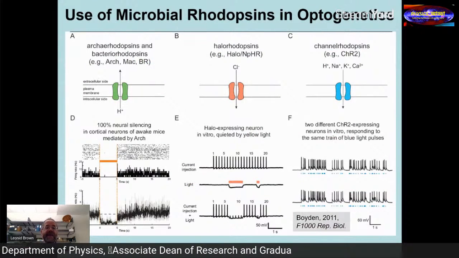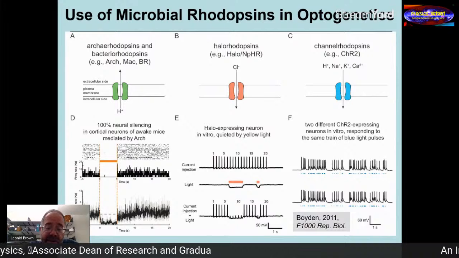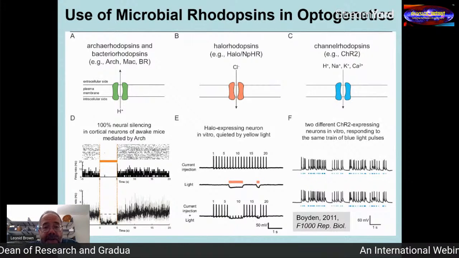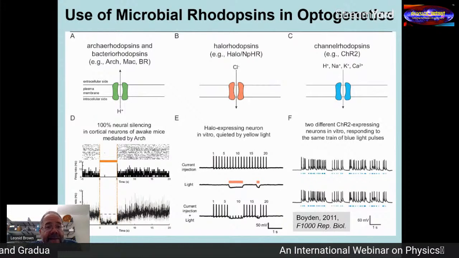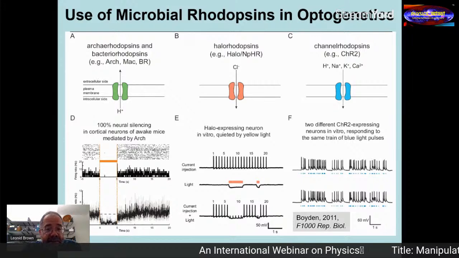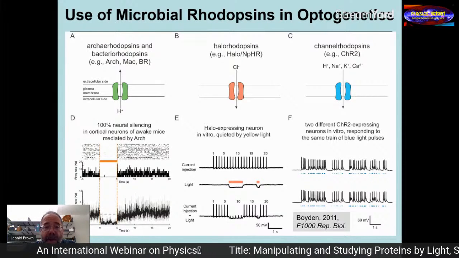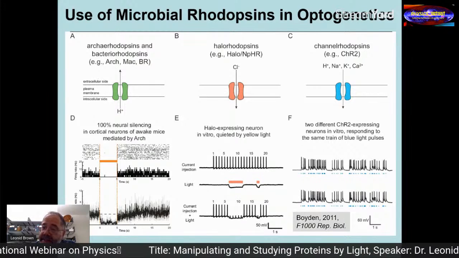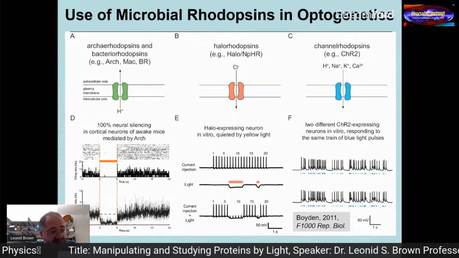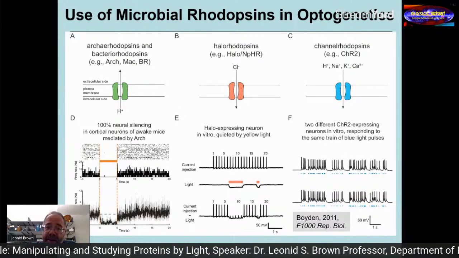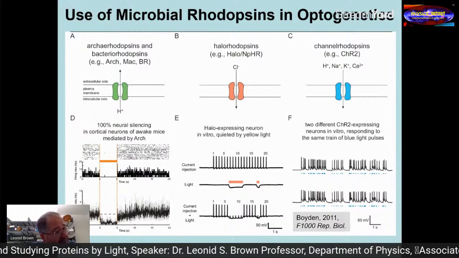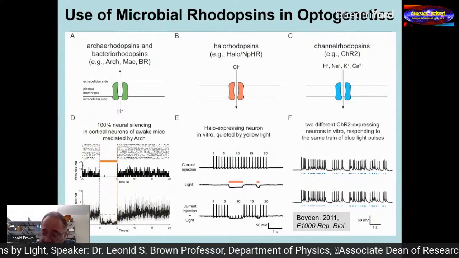Turns out that you can introduce these rhodopsins into neurons, into nerve cells, and you can regulate neural activity with light. This is so-called optogenetics, and optogenetics is extremely popular now. All neuroscientists now love biophysicists, they love rhodopsins, so we are in business.